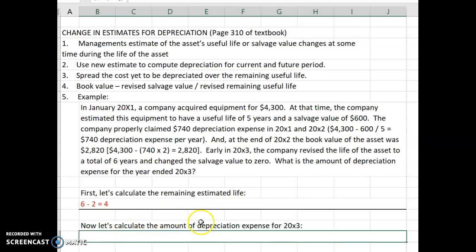Now let's calculate depreciation expense for 20X3 using this formula.